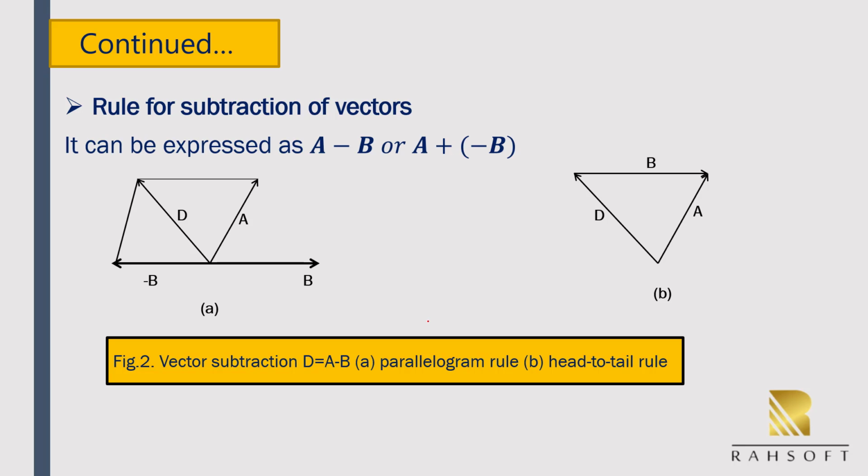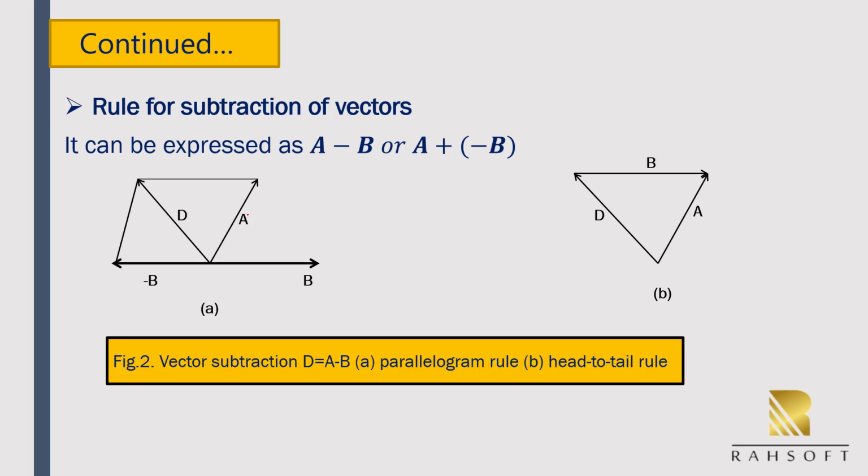Now the rule for subtraction of vectors. We can express the subtraction of vectors like this. If we have to calculate A minus B, we can write it as A plus minus B. That means we are just reversing the direction of the vector B. So we can add the vectors like that.